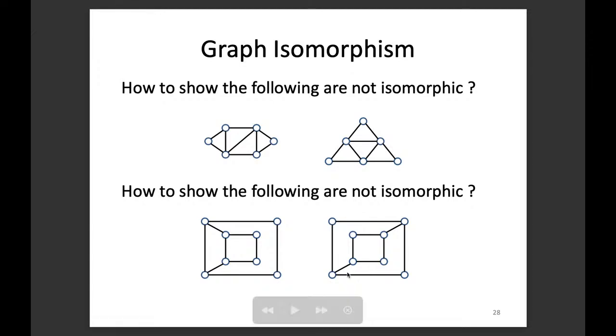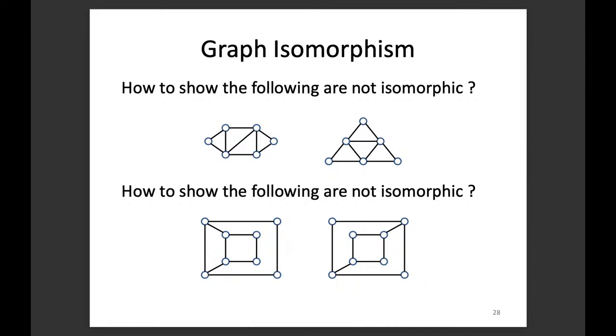Because if they are of the same structure, each vertex with degree 2 must be mapped to one of the vertices here. So there must be one vertex mapping to this one, one vertex mapping to this one, but then we don't see any edge joining the vertices with degree 2 on the right-hand side. So they are not isomorphic.